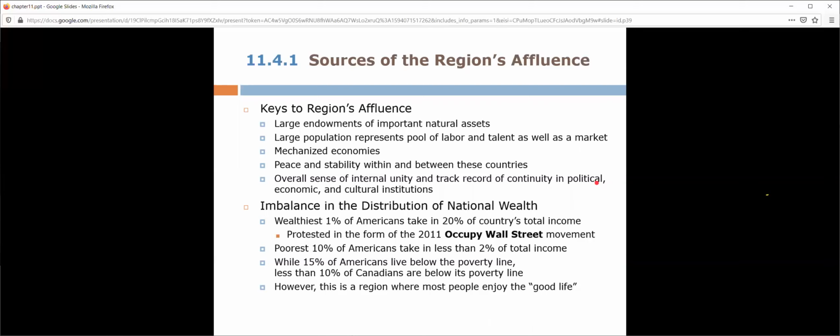We can contrast that with the poorest 10% of Americans, who hold less than 2% of the total economy. And again, those numbers have changed a bit, but the idea still stands that the wealthy in America, and the wealthy really throughout the world, hold a lot more money per person than you would probably think. And that number doesn't seem like that big of a deal, 20%.